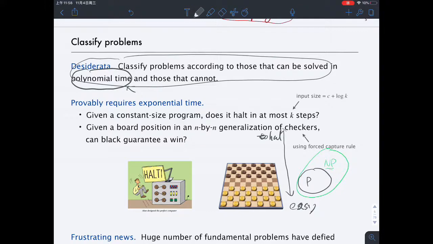So we do have this question. Of course, we already acknowledge that there could be a set of problems that are very likely to be more difficult than the polynomial time solvable problems. But are there any problems that are known to be not polynomial time solvable, right?